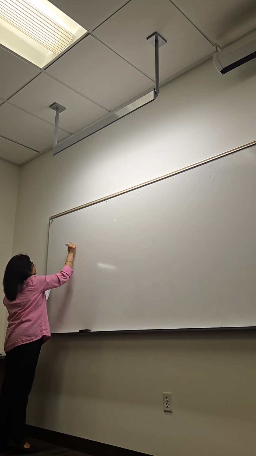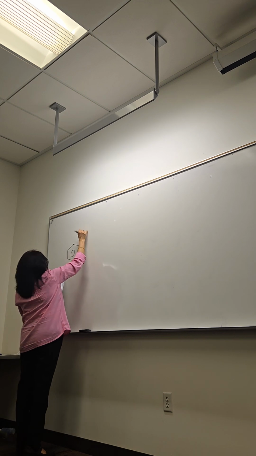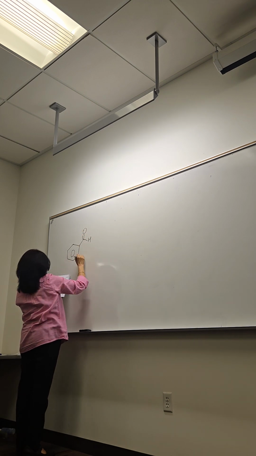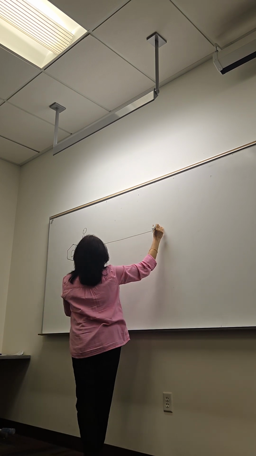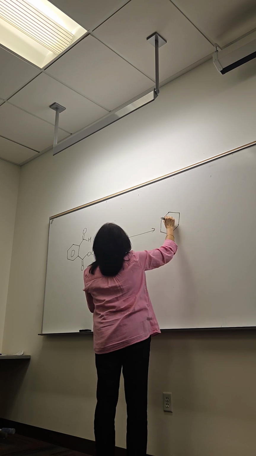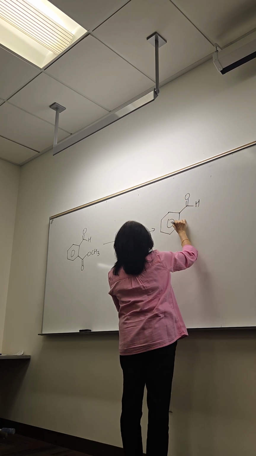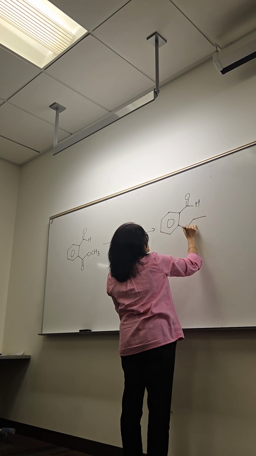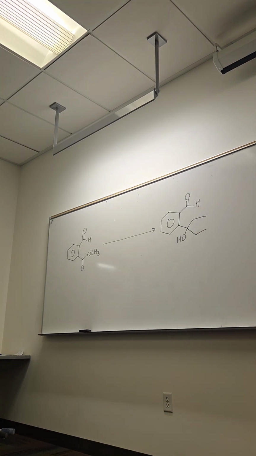So the next one was... Oh, I see. So I wanted you to tell me how you would, and I'm not asking mechanism here, I'm asking for reactions to convert the given reactant into the product.